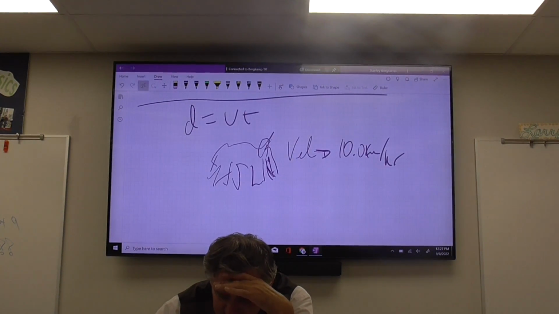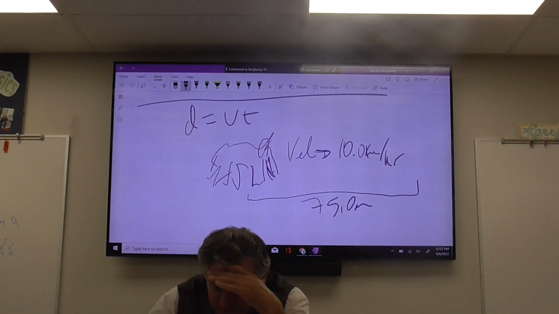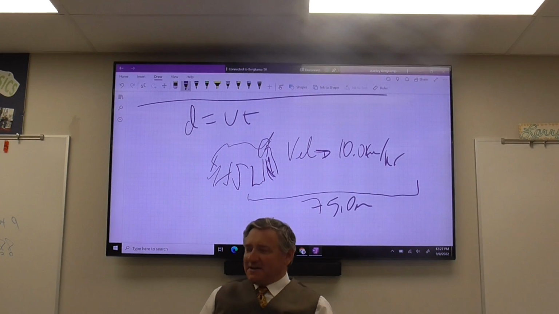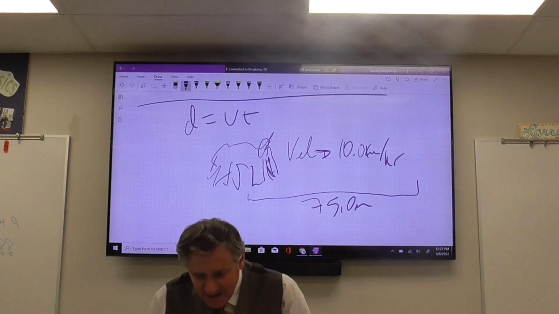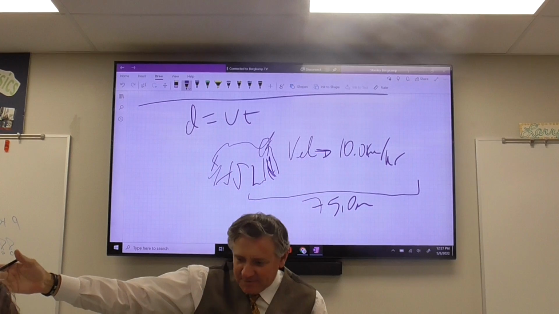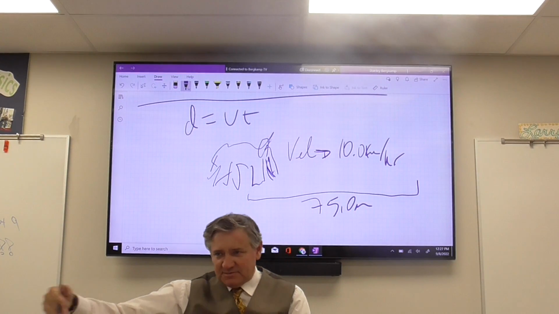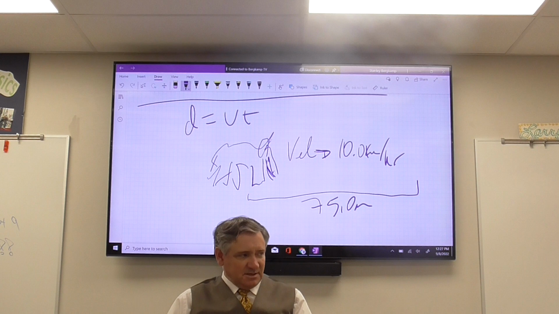And he has to walk, somebody pick a number between 50 and 100. 75 meters. So Eddie the elephant is moving at 10 kilometers per hour, and he's got to walk 75 meters. And I want to know how long this is going to take.